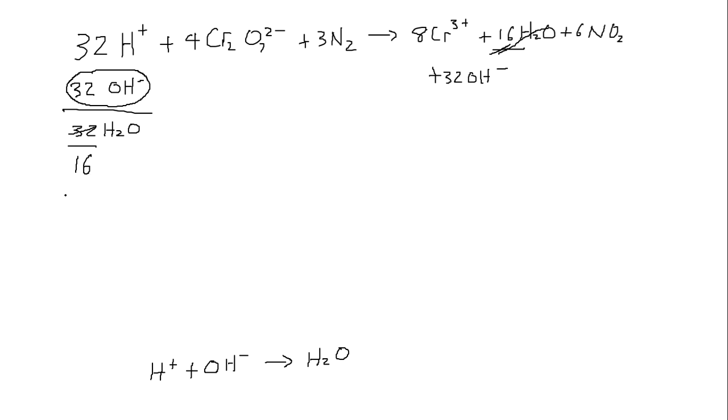And therefore, all we have to do after that is to write down what is remaining, and that would be the equation for the reaction occurring in a basic medium.